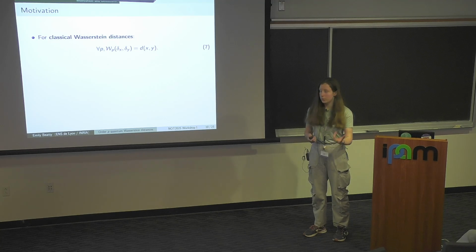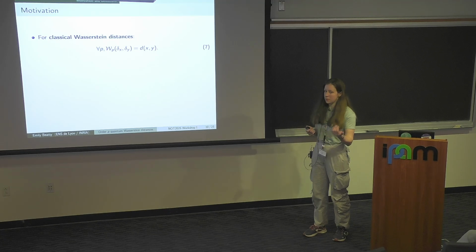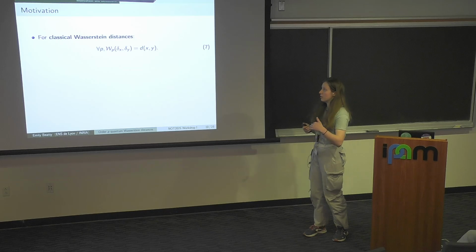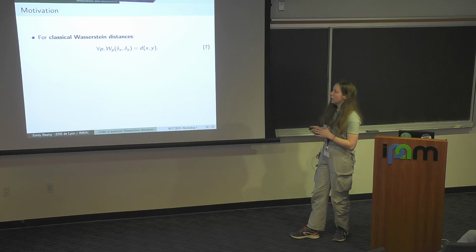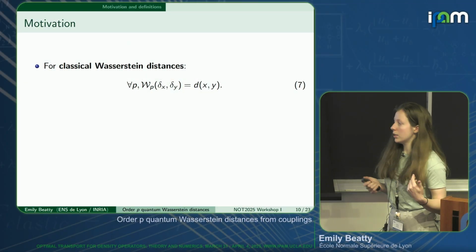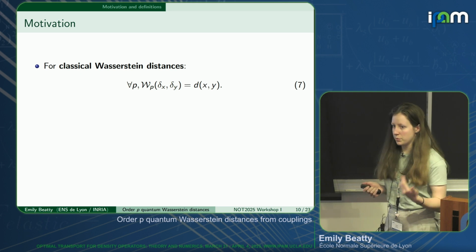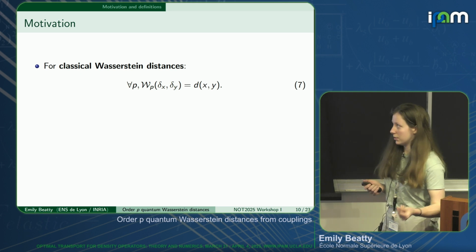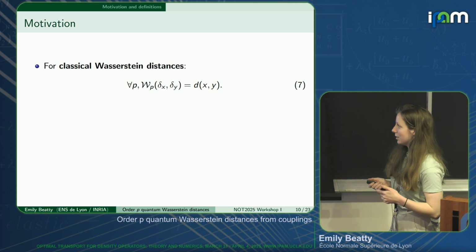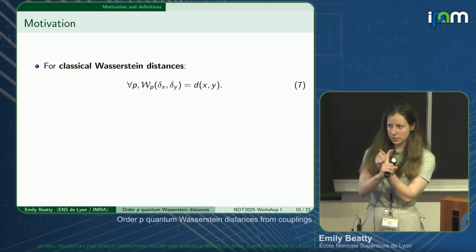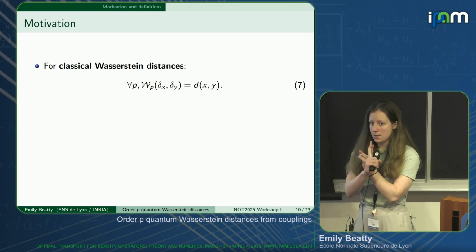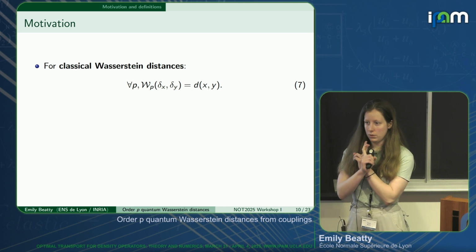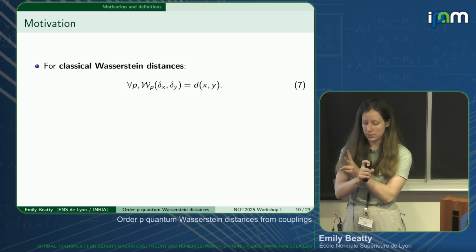For this definition that we're going to present, we start from a motivating property from the classical Wasserstein distances, which is that given a classical Wasserstein distance defined with respect to an underlying metric d on the state space, the Wasserstein distance between point masses or Dirac deltas on x and y is A, independent of the order p, and B, agrees with the distance on the underlying space.